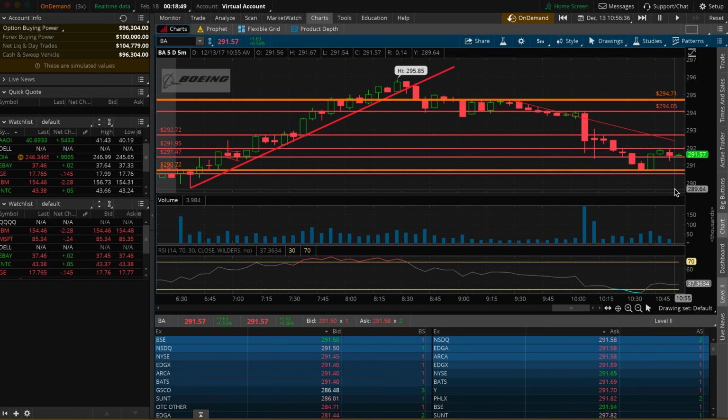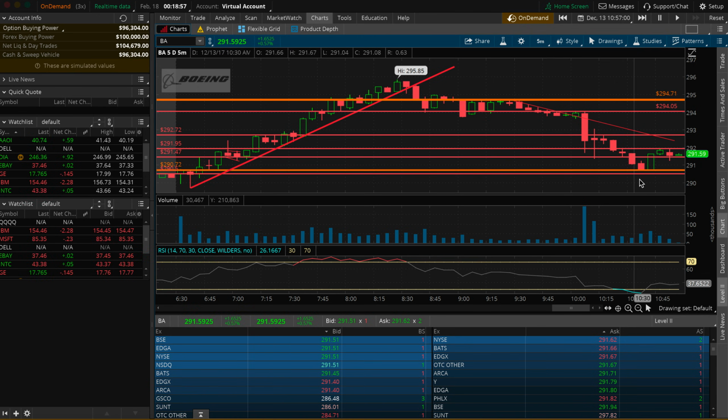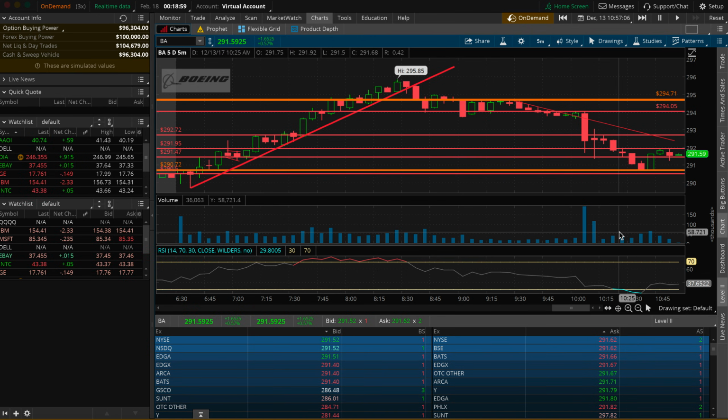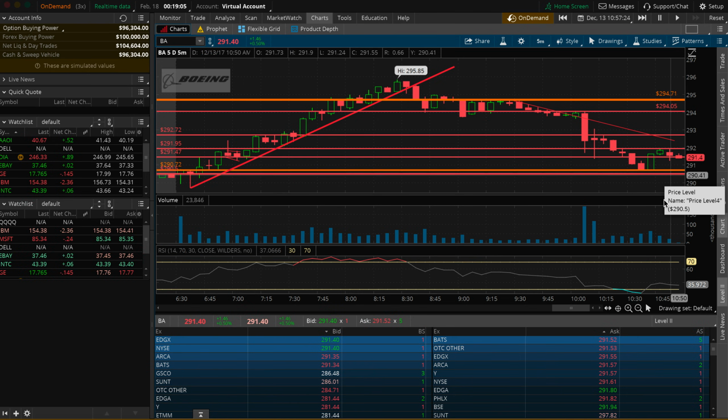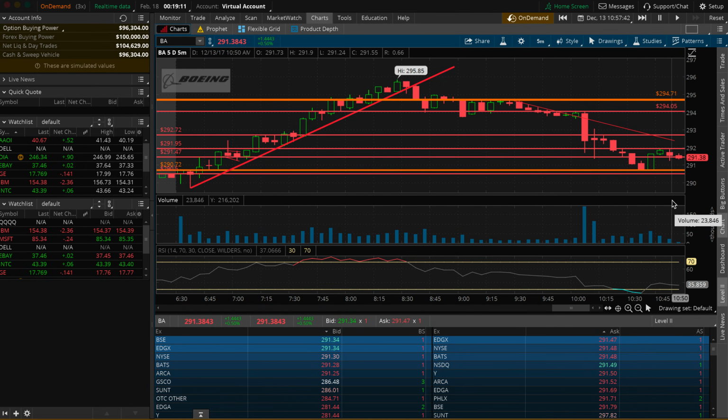Might consolidate some. Power hour, it might push back up. It's breaking support again. We have to wait till these candles close to do anything.